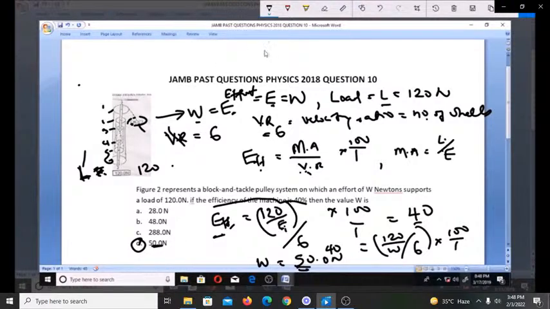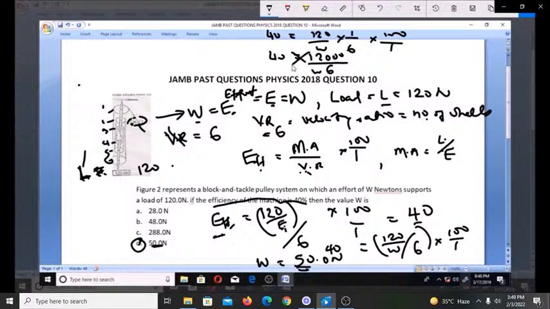So how do we make this the subject? We have 40 is equal to 120 over W divided by 6, so you can say times 1 over 6, times 100 over 1. If you multiply out, you have 40 is equal to 120 times 100, which is 12,000, all over W times 6, which is 6W.